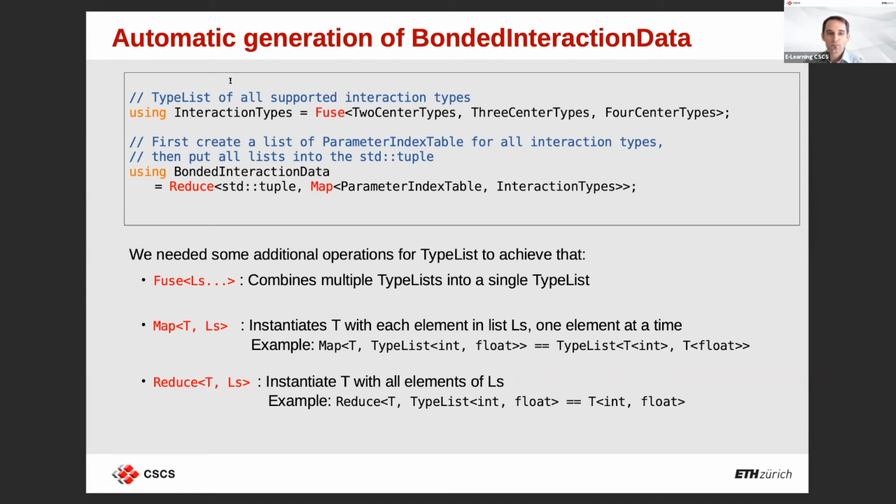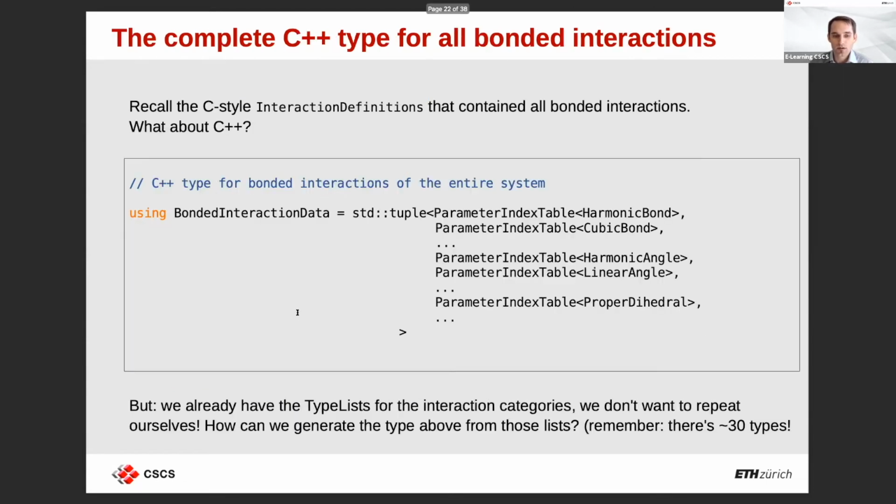So, for instance, I can say that I want to combine existing type lists and make another type list. I could use the 2, 3, and 4 center types to just fuse them into one list that has all the types. Next, I can define a function map.